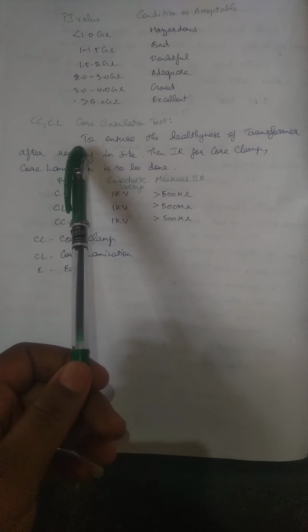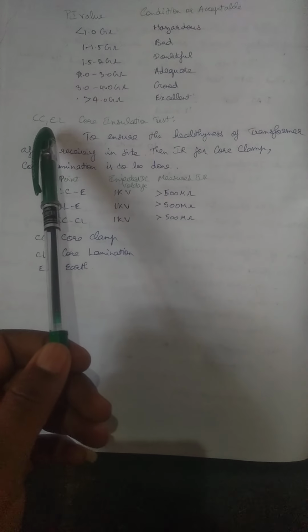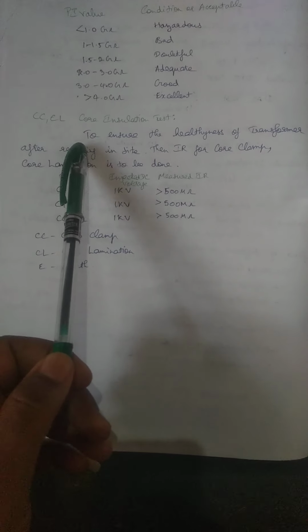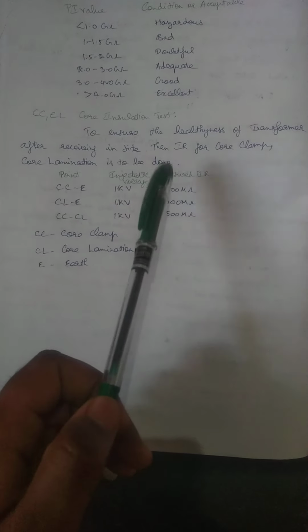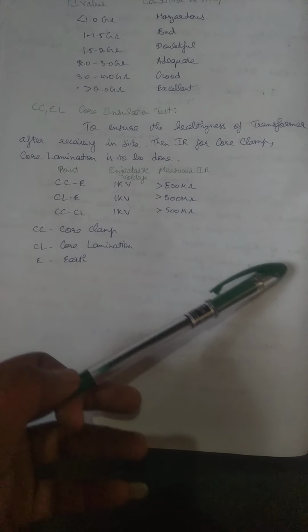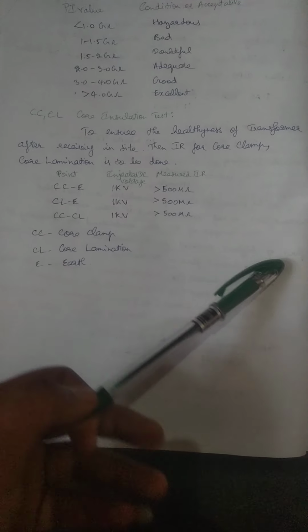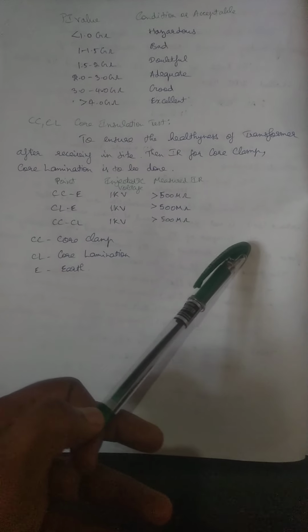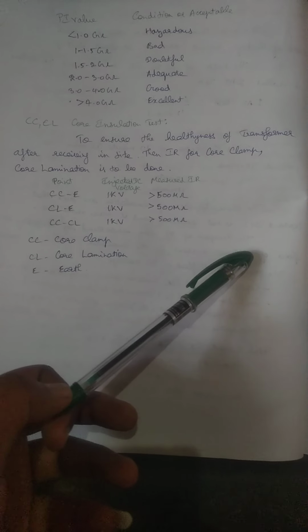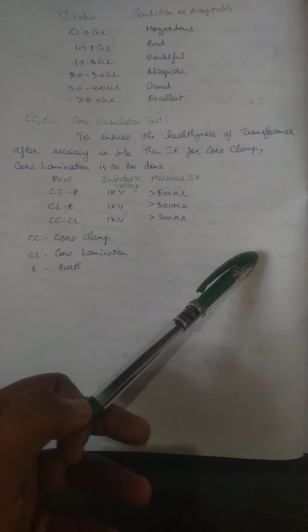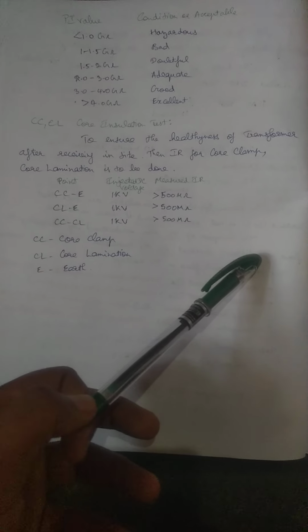So for example, if we need to inject a voltage on our core clamp and core lamination of our transformer to ensure the healthiness of the transformer, because at the time of transit, which means at the time of travel, it may get damaged, or there may be internal shorting or open circuits of our windings, which may come into contact with our tank level.